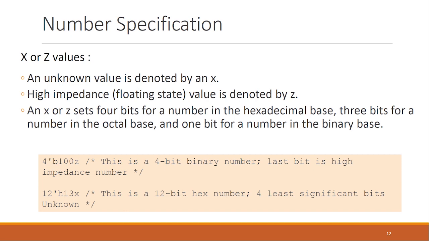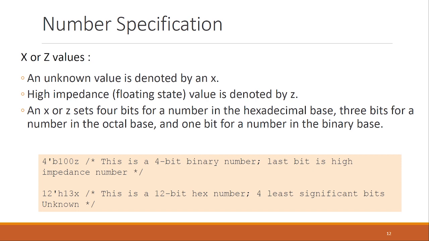This occurs when you have not connected something to an input. I think you have experienced this in digital design labs as well. When you have not connected anything to the input, it is floating. We call it a floating state. So that floating state in Verilog is denoted by Z.